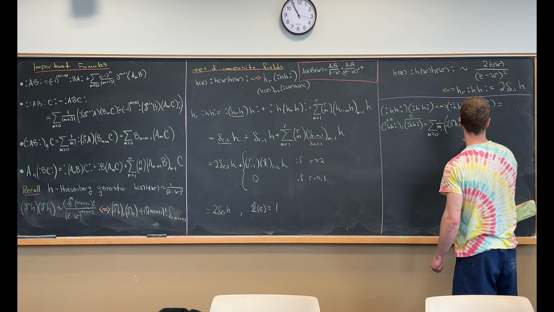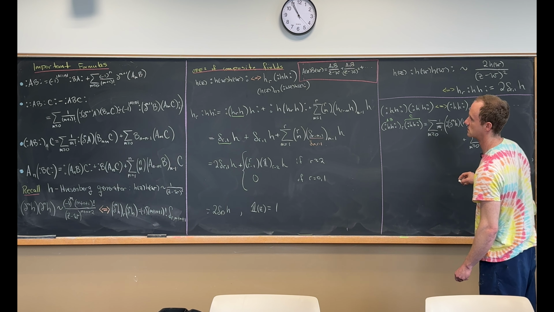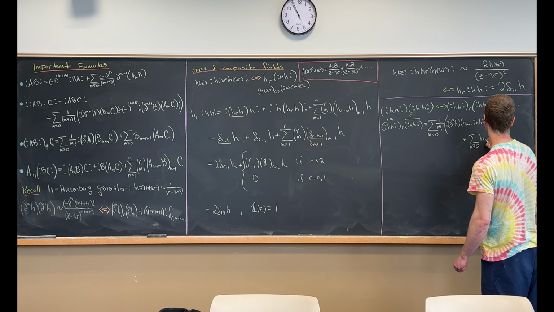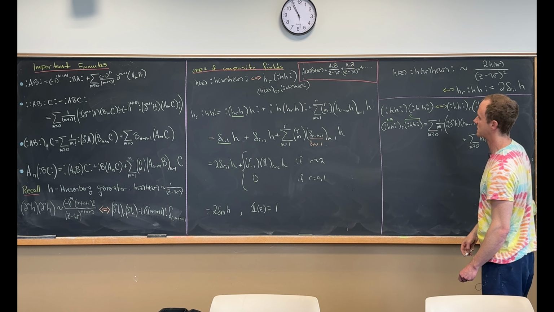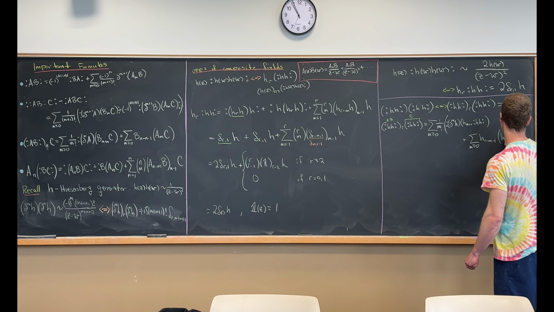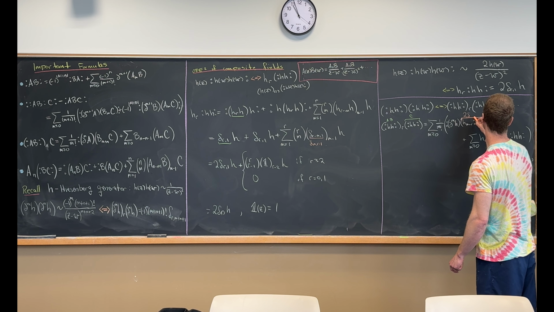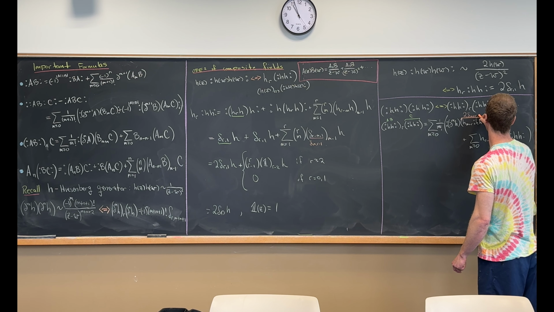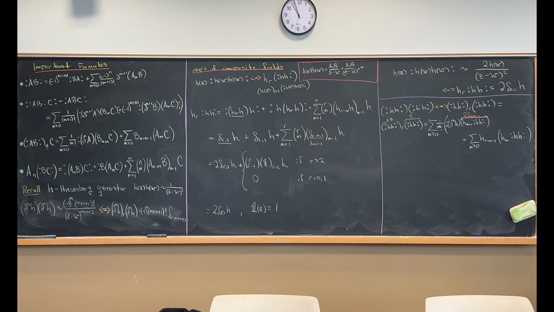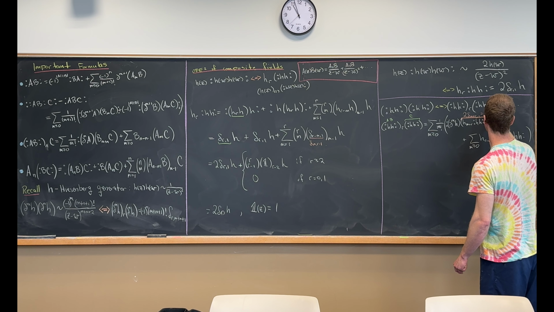Plus the sum as m goes bigger than or equal to 0 of B, which is H sub R minus M minus 1, and then the normally ordered product of HH. So we got something like that, right? So that's 2 delta M plus R comma 1, which, for what it's worth, is 2 delta M 1 minus R.